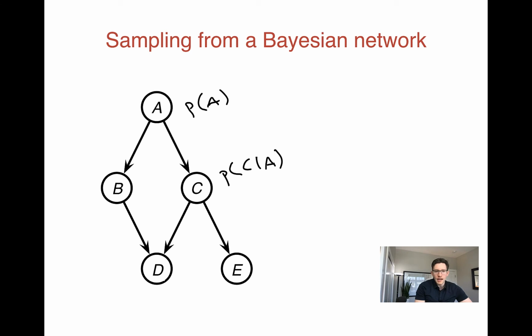So the way I can sample from a Bayesian network is I just go in topological order of my variables such that I always sample parents before children. I sample A according to the probability of A given by the Bayesian network. Then I sample B according to the probability distribution of B given A. So these are all going to be 1D samples, so we use the methods from the last section.